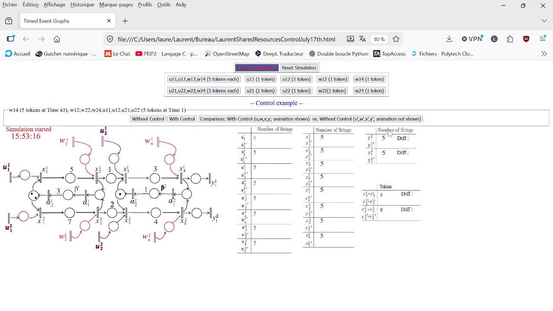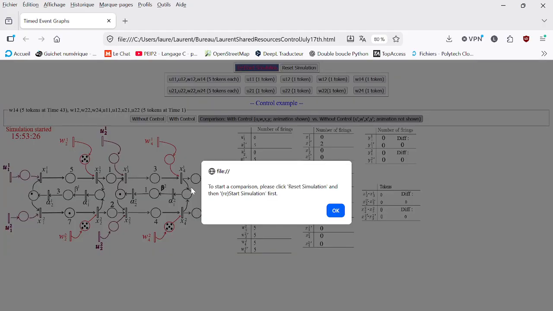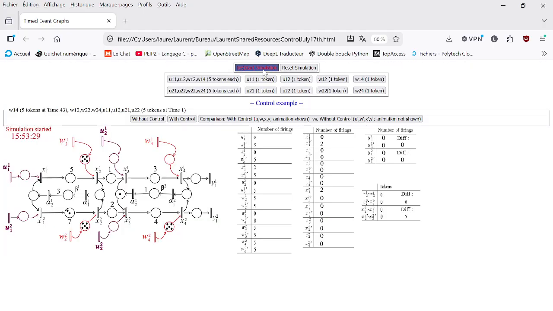in the numerical value by taking a look, I start again, and here I only give the simulation of the system with control, okay? I don't deal immediately with the firing of the higher priority system, okay?